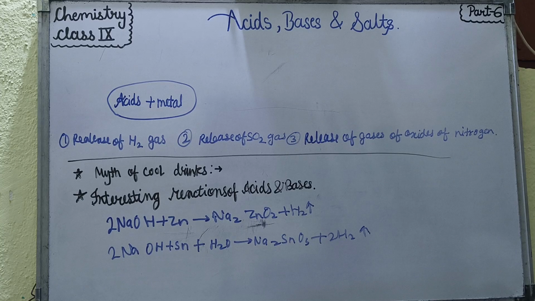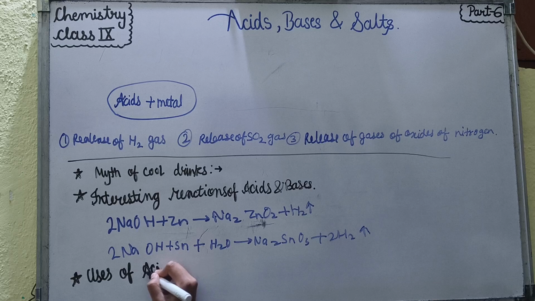Then our next topic is uses of acids. Boric acid, H3BO3 is the formula. It is used in eye wash or antiseptic.